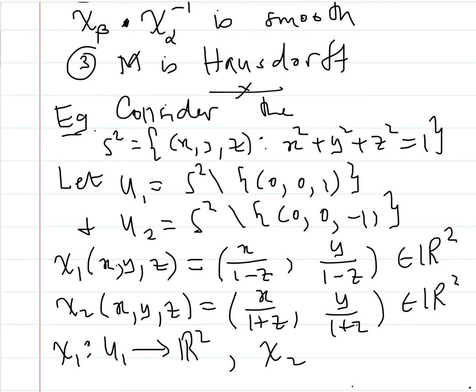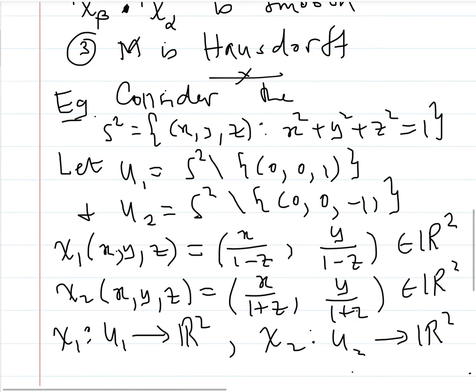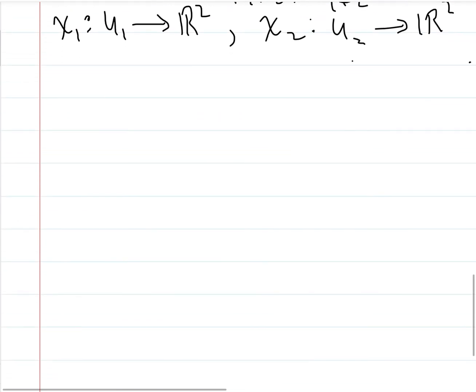Chi2 goes from U2 to a subset in R2. So based on these definitions of chi1, chi2, U1, U2, we can show that the S2 is in fact a two-dimensional manifold.